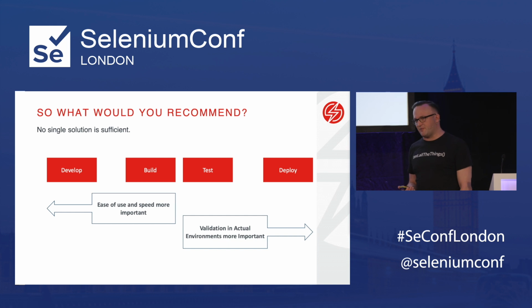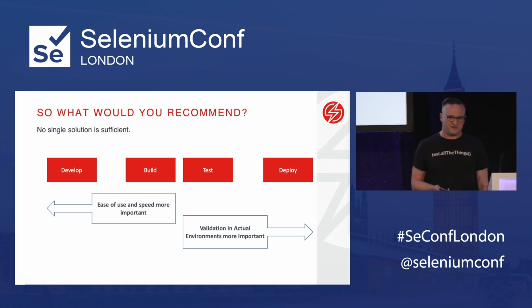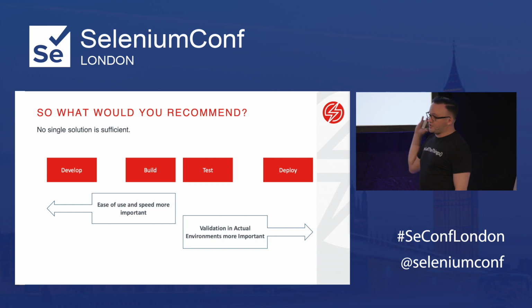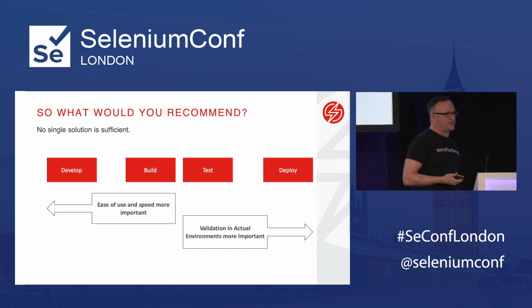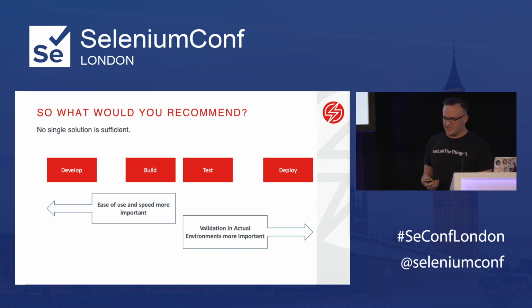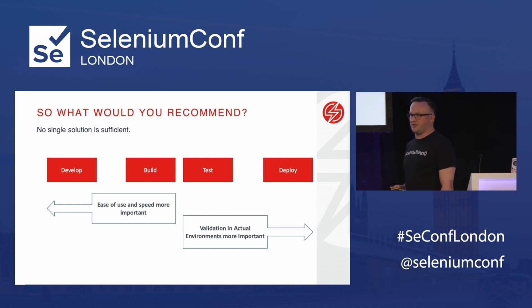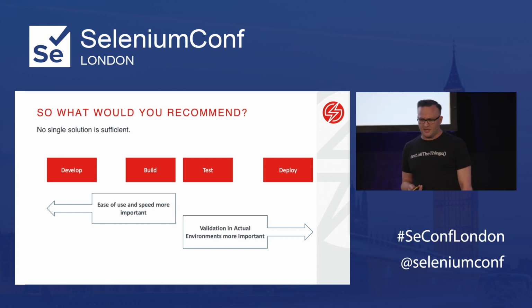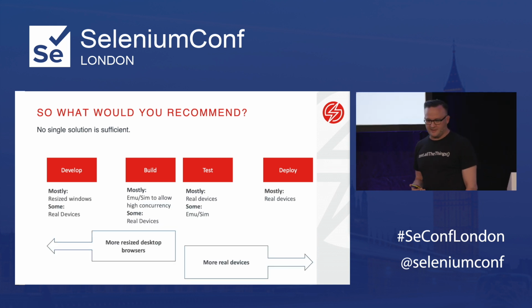So if you're developing a web app, you just need something to work really quickly that's on your laptop. So the Chrome DevTools option is very valid. But as we move further towards deployment, we need to make sure that our web applications actually work in the real environments that our users will use to access it. And so validation becomes more important.